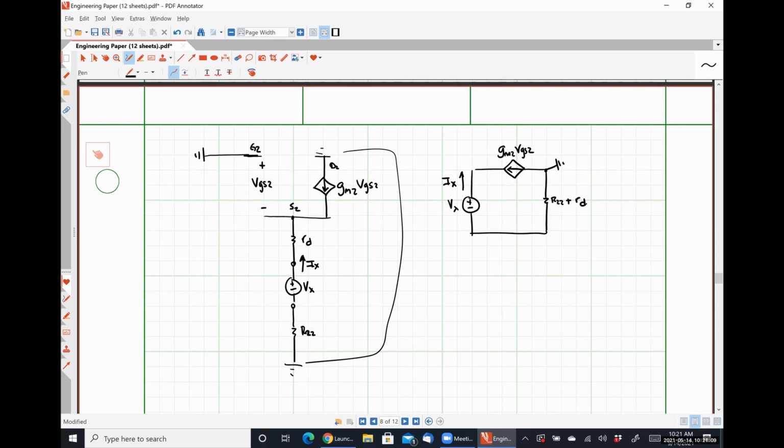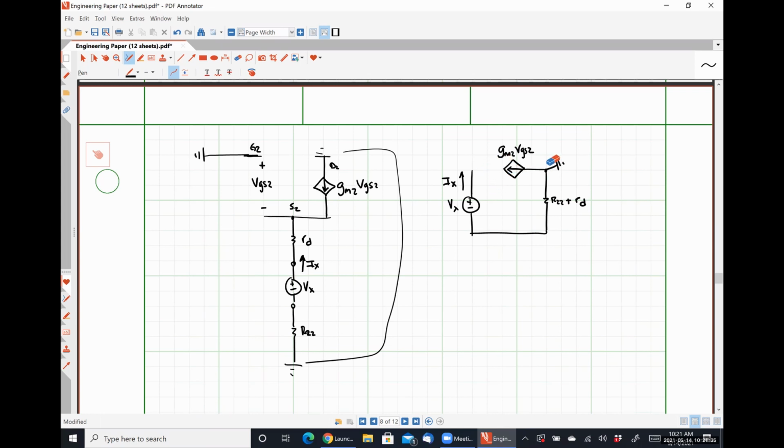Now, one thing that I want to point out, the positive polarity terminal of VGS2 is at my ground location, and the negative polarity terminal of VGS2 is connected at the positive polarity terminal of my voltage Vx.